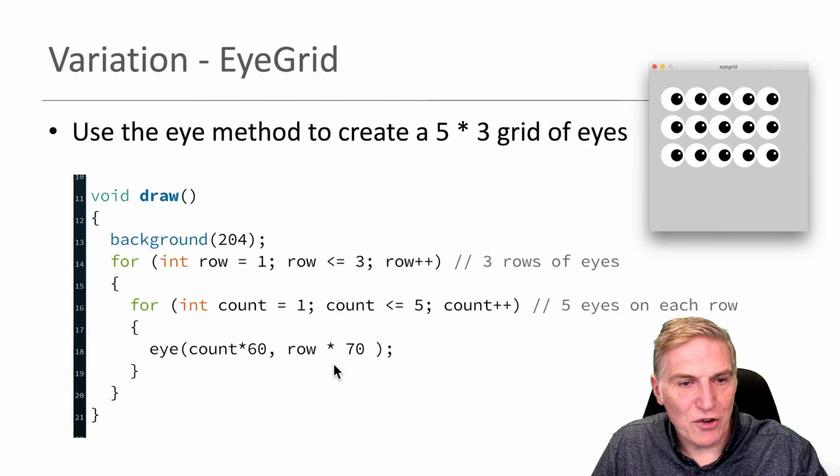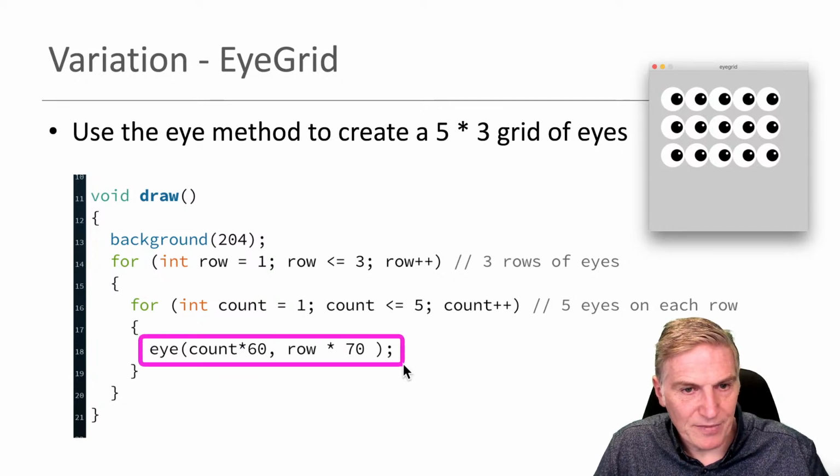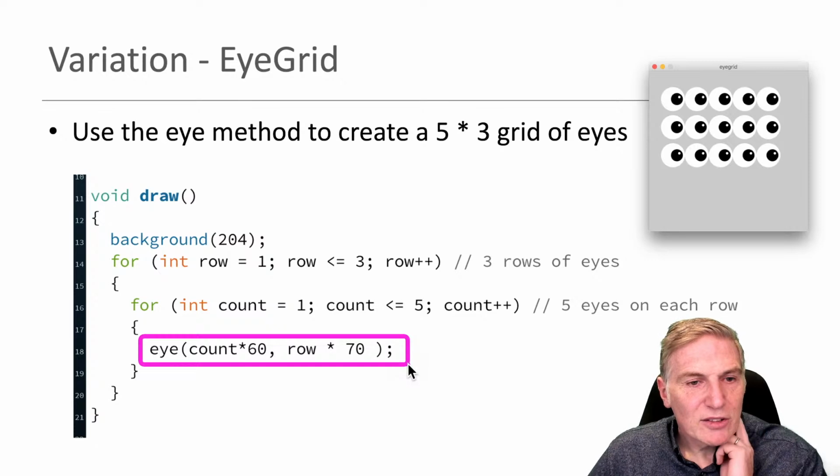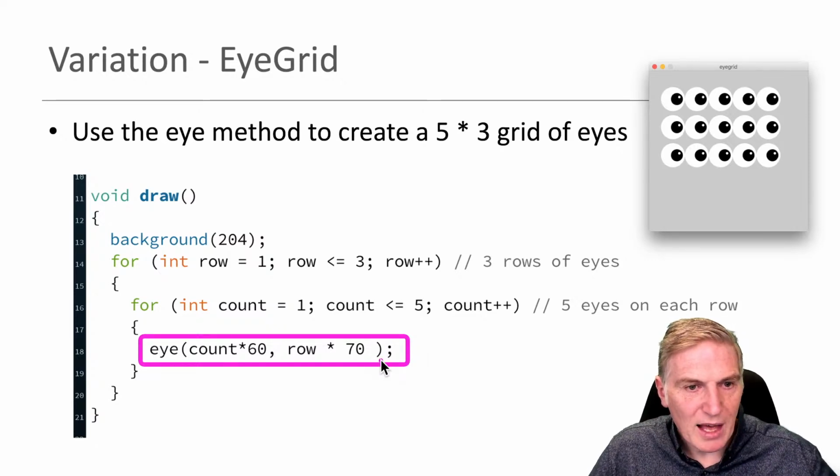And then we're drawing the eye by calling the eye method. And I suppose that's the important bit. Just here. So we're calling the method eye, and we're passing into it 2 values.